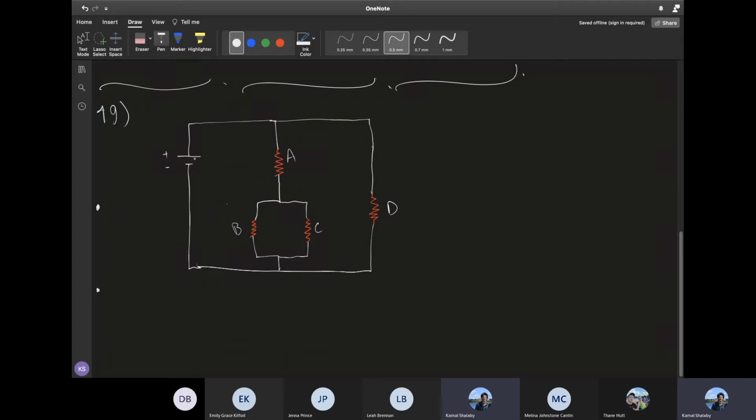This is our source. So let's just call it S for now, for source.